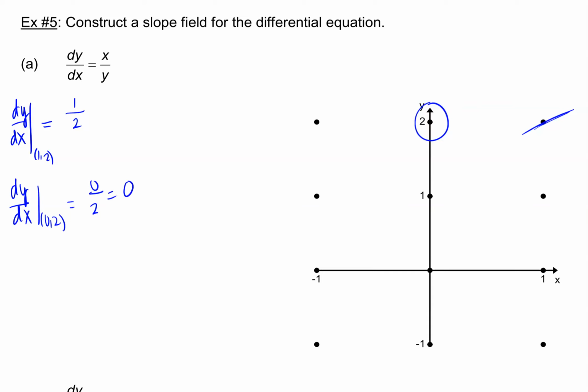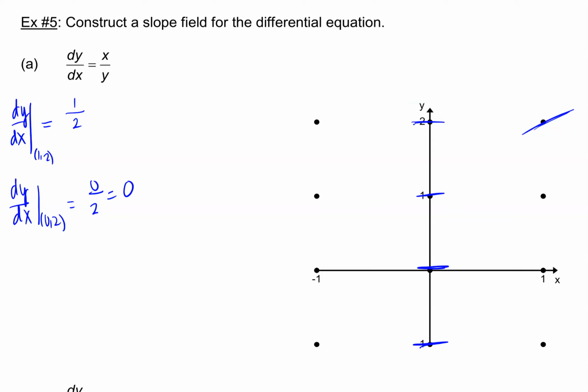So it's a slope of 0. And if you think about it, all of these values along the y-axis are going to have the same slope. It doesn't matter what the y value is. If x is 0, the top's going to be 0, and so the slope is 0. So actually, all of these slopes here are going to be 0. We're just drawing what the slope would be at all these points.